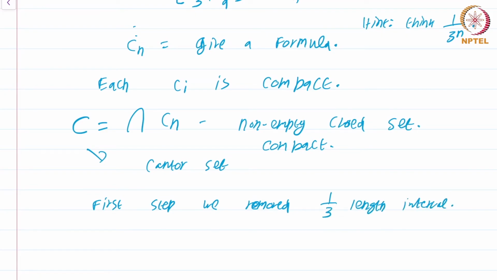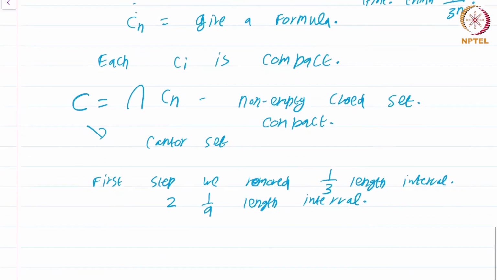At the second step, we removed two 1/9 length intervals. Consequently, we ended up with 4 intervals. Then we removed 1/3 of that, so 4 times a 1/27 length interval.